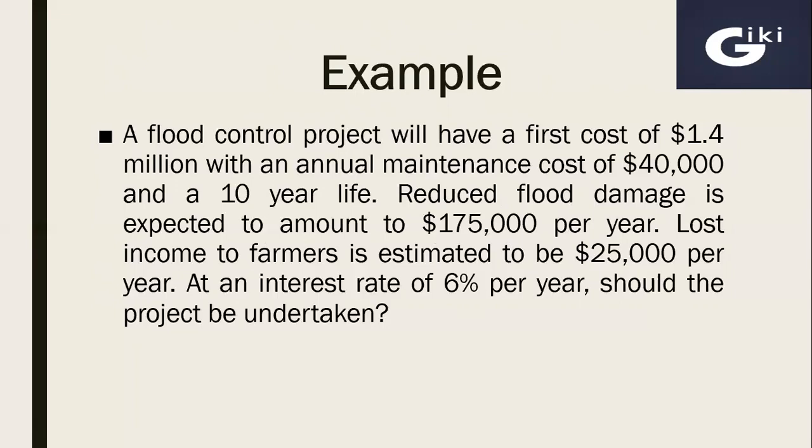In that case, $175,000 per year is benefit of that project, and lost income to farmers is estimated to be $25,000 per year. Means income of farmers will be decreased by $25,000 per year due to construction of that project. So this is disbenefit of that project. I hope these three terms are clear. Now let's go to the calculation or problem solving.